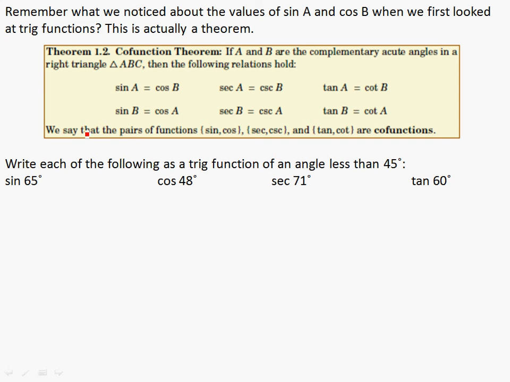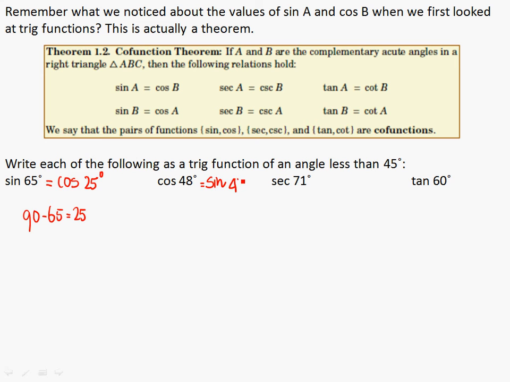It means the following: if I wanted to write this as a trig function less than 45 degrees, then the sine of 65 is equal to the cosine of 90 minus 65, which is 25. So the cosine of 48 is the sine of 42.